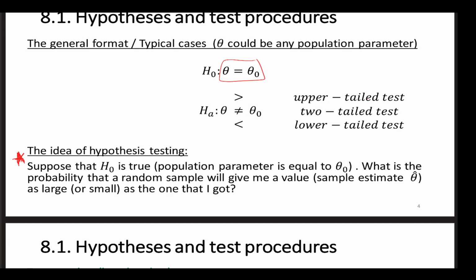Well, I got 8.4 ounces in my bottles, averaged over all of them. Is it statistically significant that I got 8.4? What's the probability that I would get something 8.4 or below? If that's a really small value, if it's really unlikely to get that, then there's probably something wrong with the manufacturer's claim. That's the idea behind hypothesis testing.